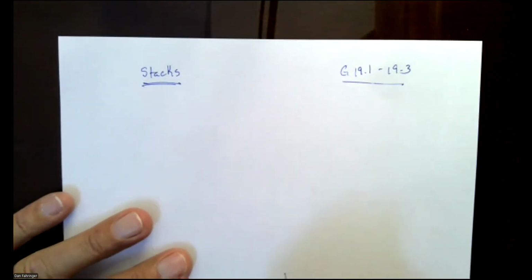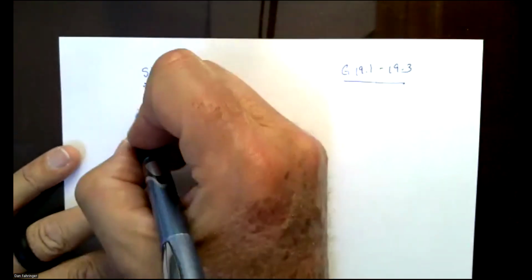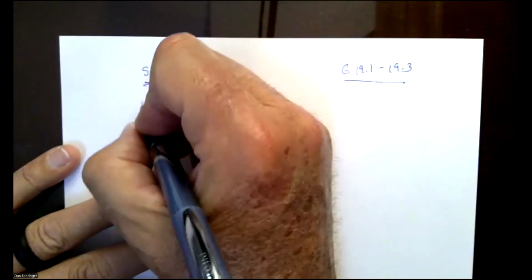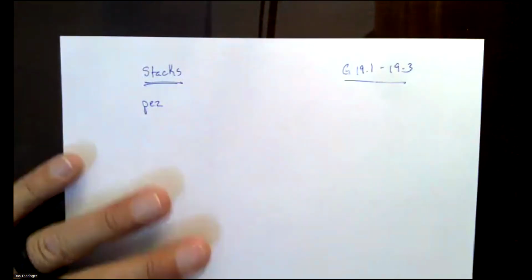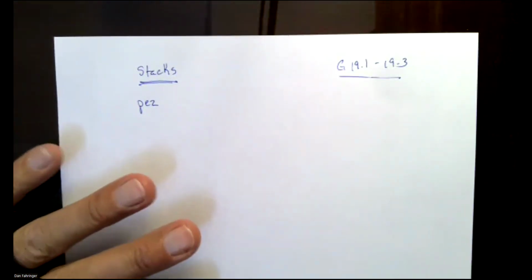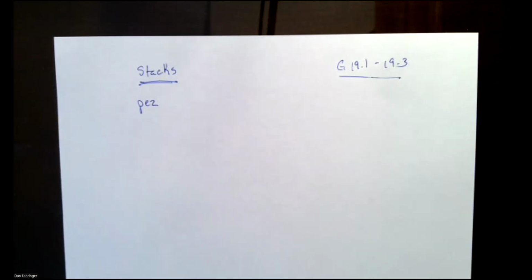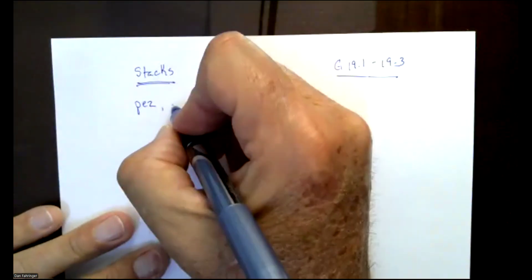Well, there's a bunch of different ways to describe a stack, and some of them are like a Pez dispenser. Some people don't know what a Pez dispenser is, but you put one in and then you push it down, and then you can put another one in and push it down. A gun clip.